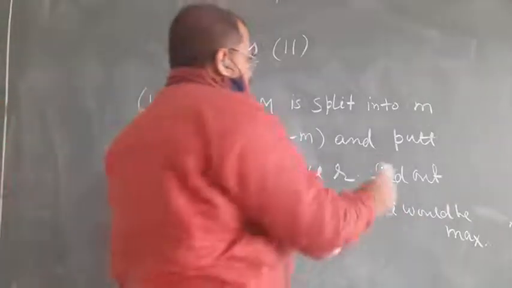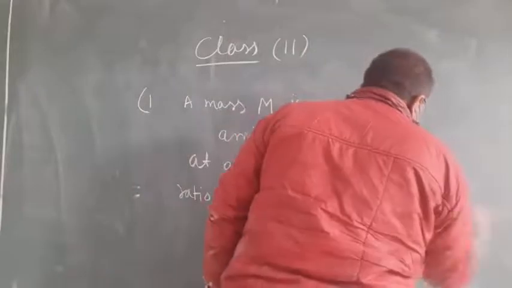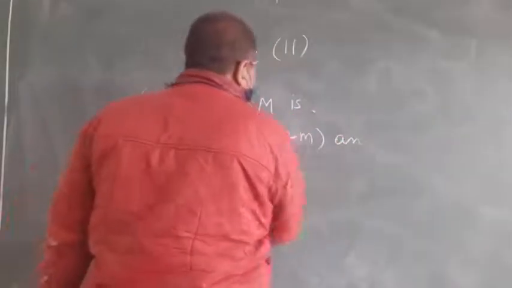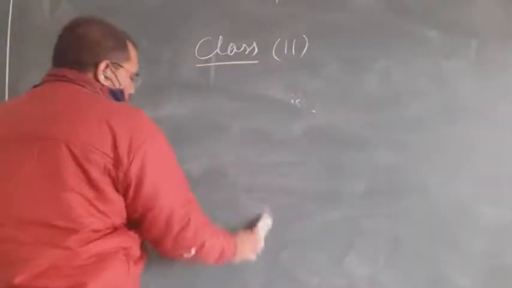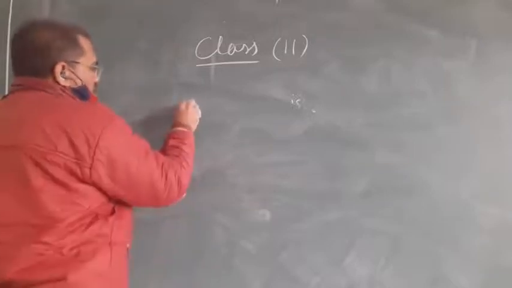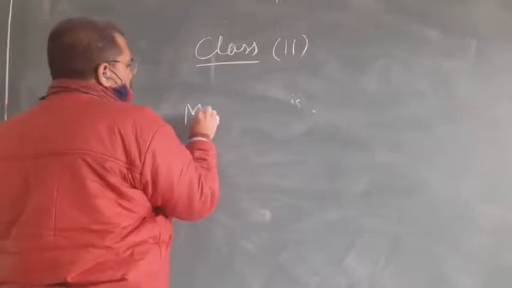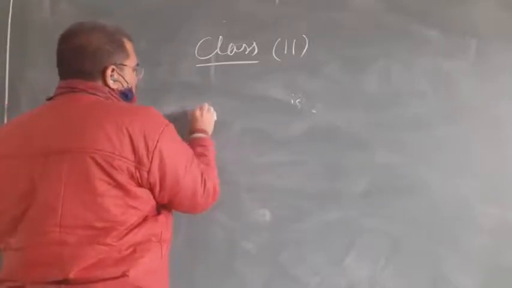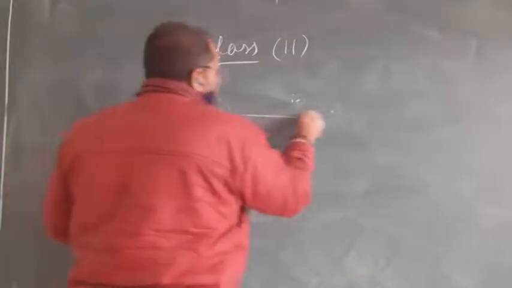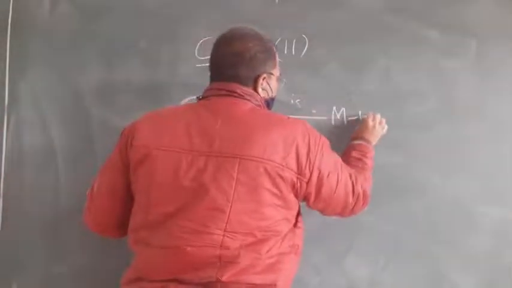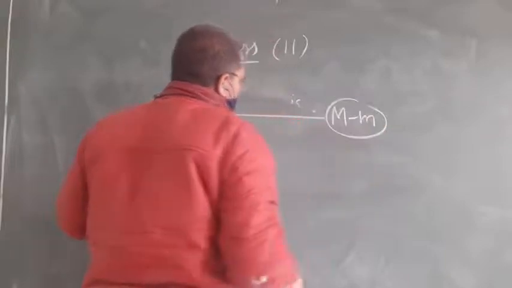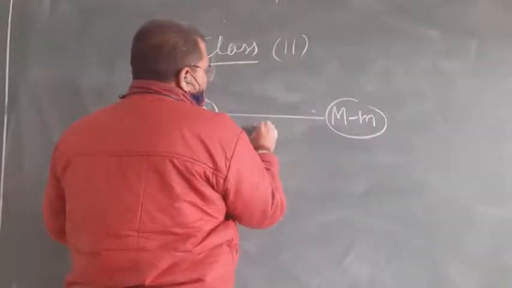Okay, let's see. This is small m after splitting, and this is capital M minus small m, which are at a distance r.